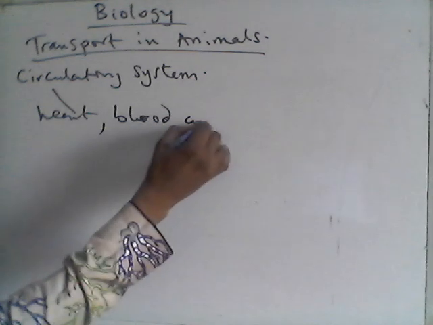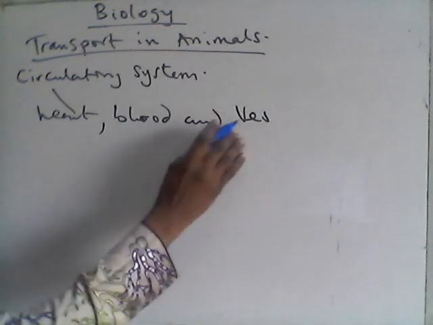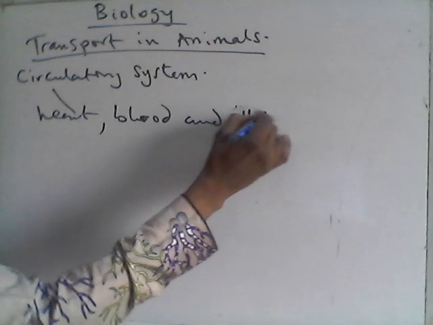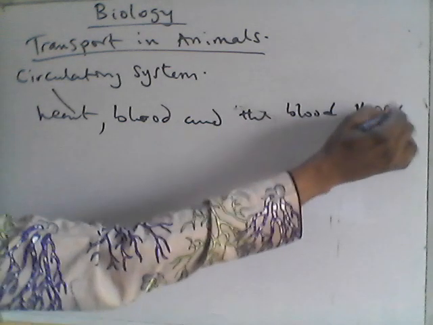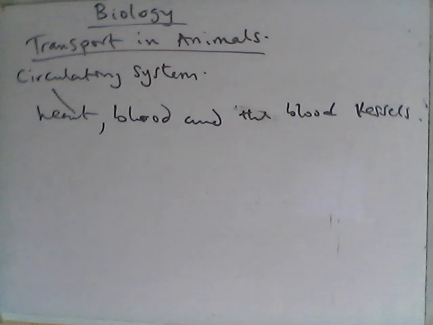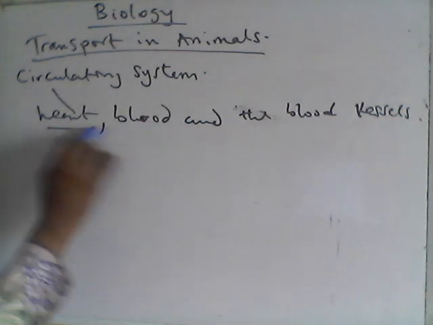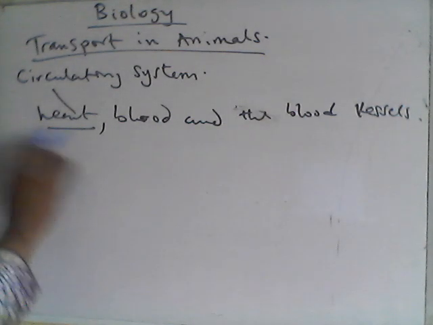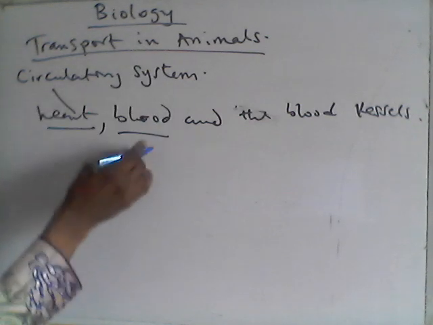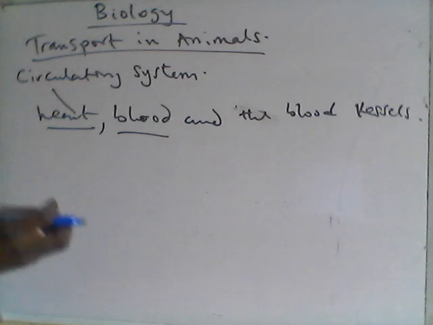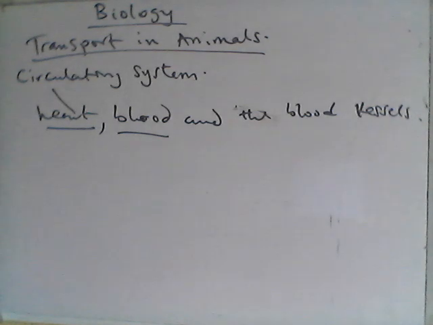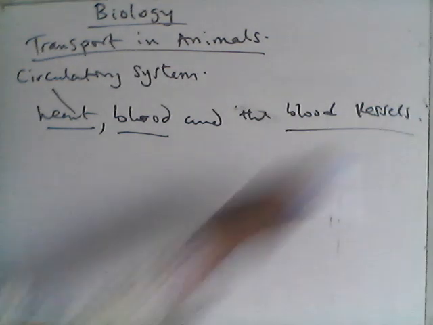The blood vessels are like the road. So these are the components of transport in animals. You have the heart, the engine, where you pump, where the pressure comes from. Then the blood is the liquid substance that carries oxygen, food materials, and a lot of things. Understand? And the blood vessels are the road.